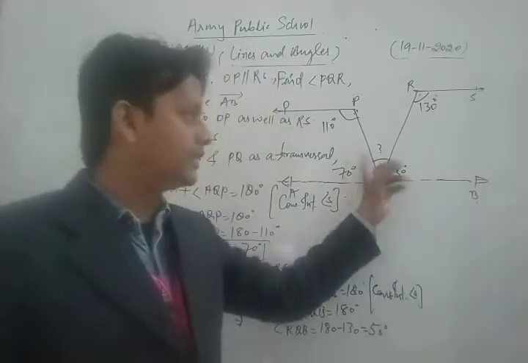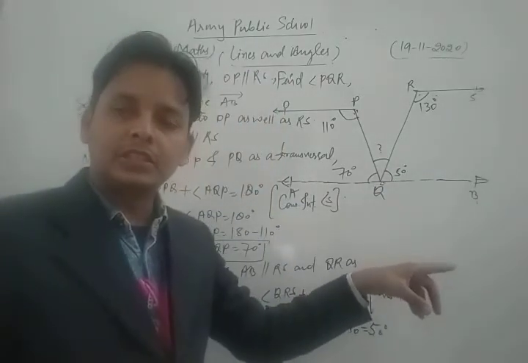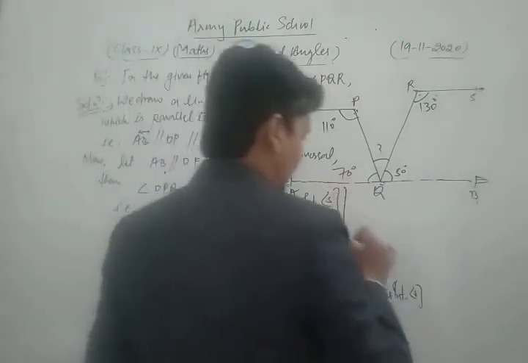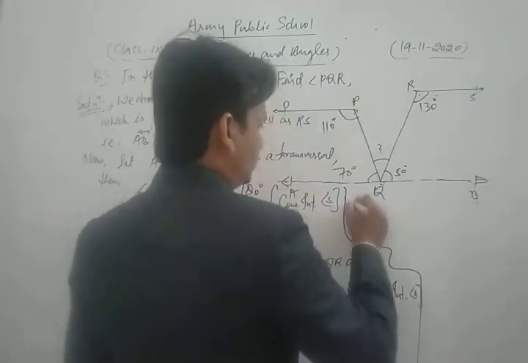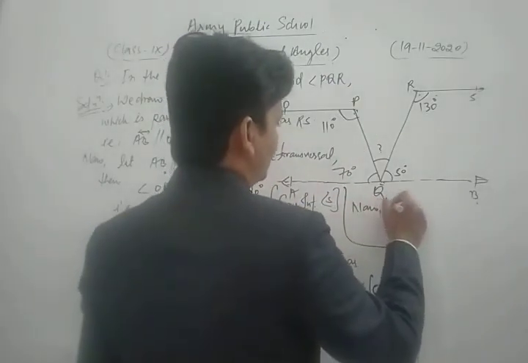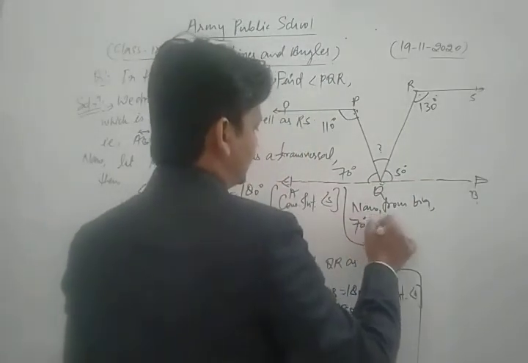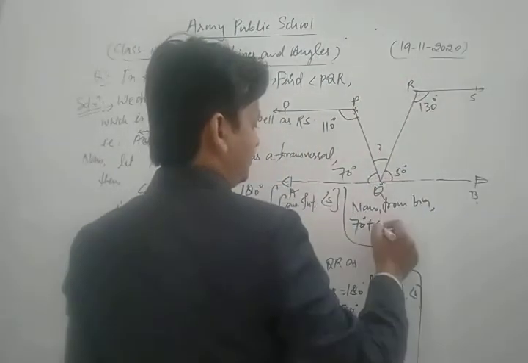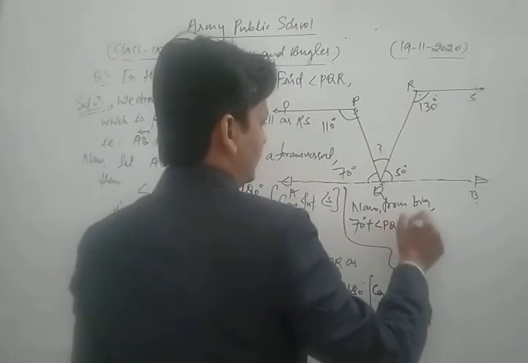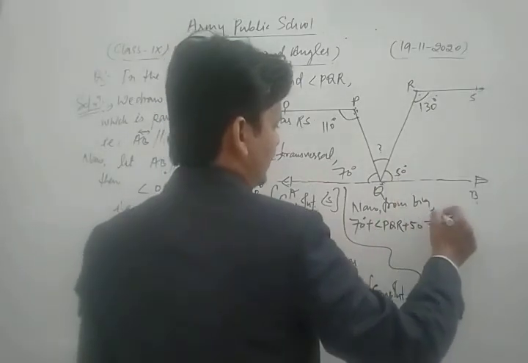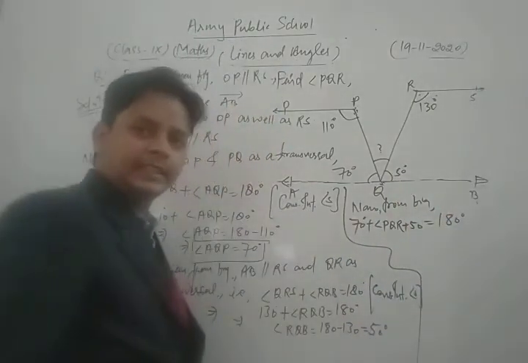So 70 degree plus angle PQR plus 50 degree is equal to 180 degree.